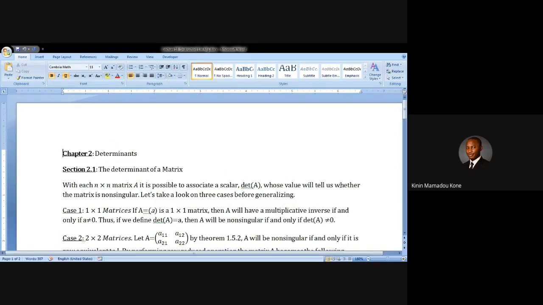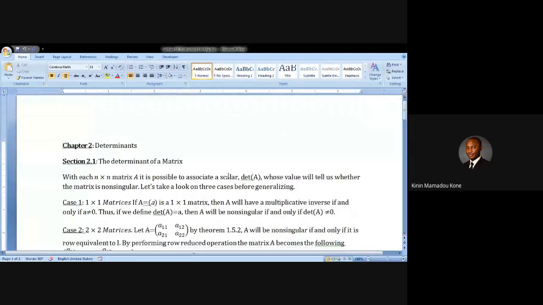So case number 1, you have a 1 by 1 matrix. A 1 by 1 matrix is actually a number. So case 1 by 1 matrices. If A is just the entry a, a 1 by 1 matrix, then A will have a multiplicative inverse if and only if a is not equal to 0.